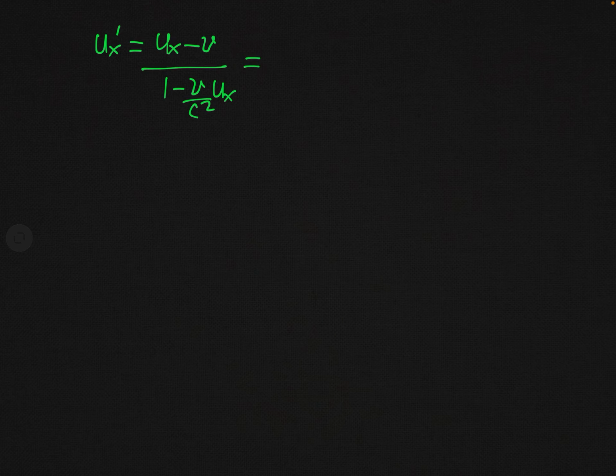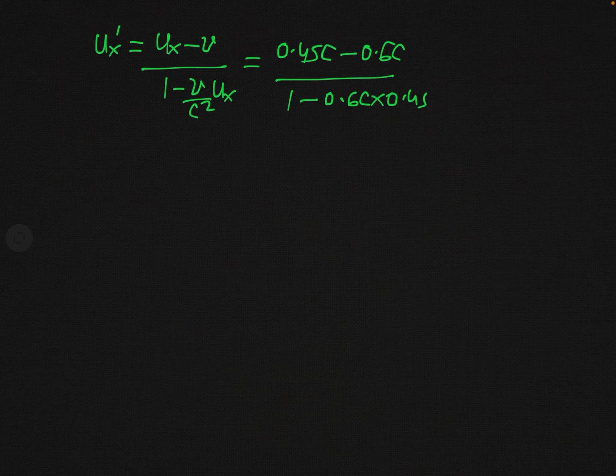You have seen that ux is equal to 0.45c and v is 0.6c, and over 1 minus v, v is again 0.6c into ux, ux is 0.45c, divided by c square.